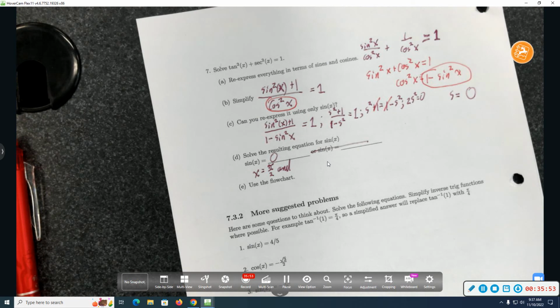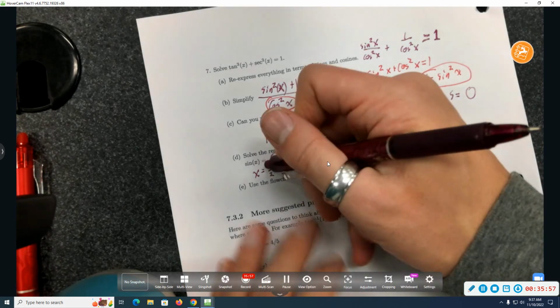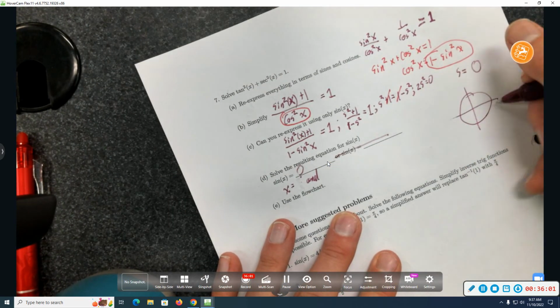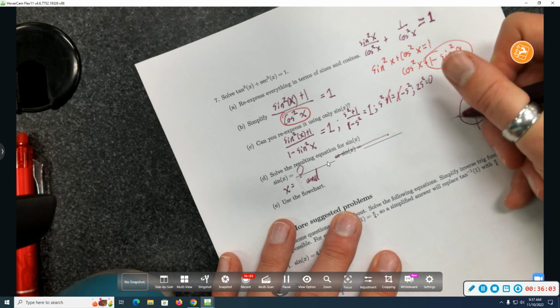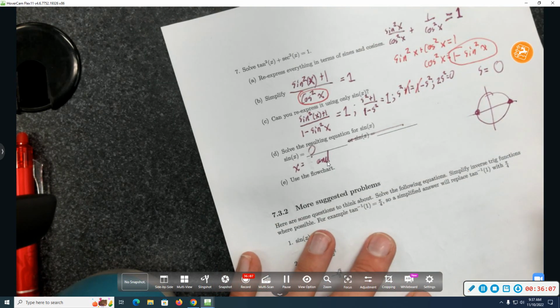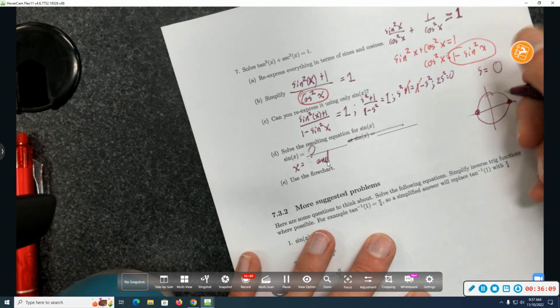Wait, pi over 2? Are you sure? There's the unit circle. You want sine, so that's the y value, to be 0. So what two angles do those correspond to? 0 and pi.